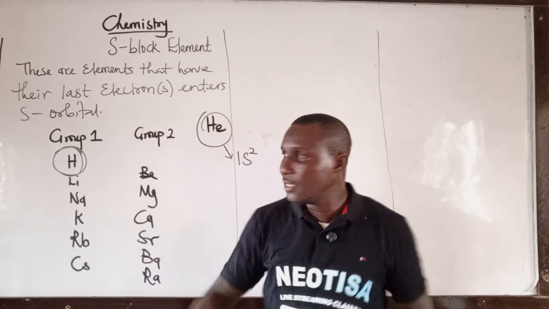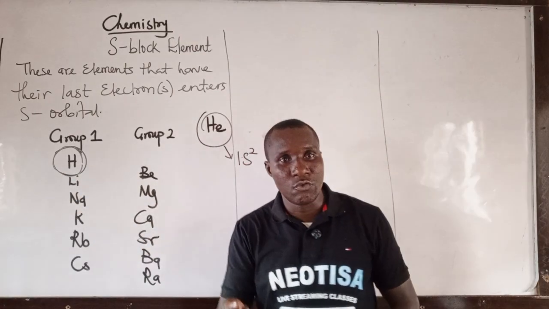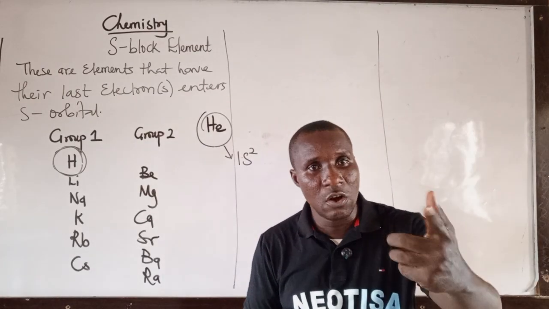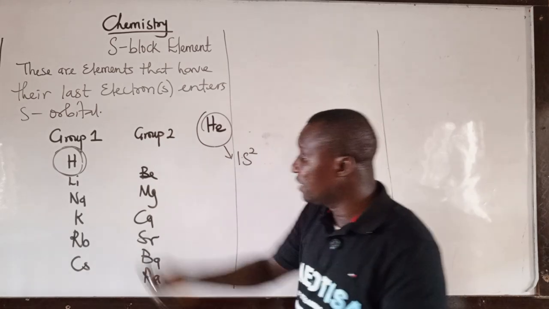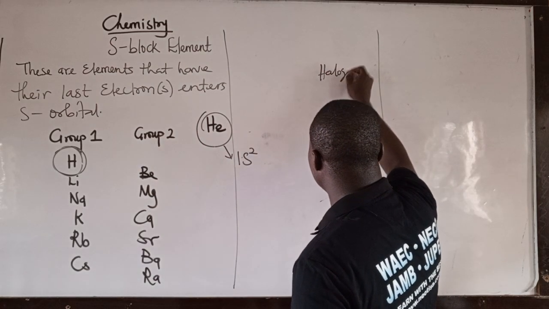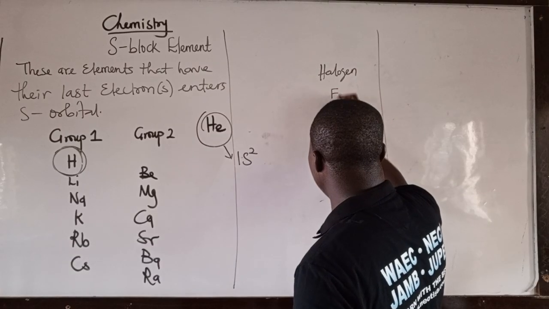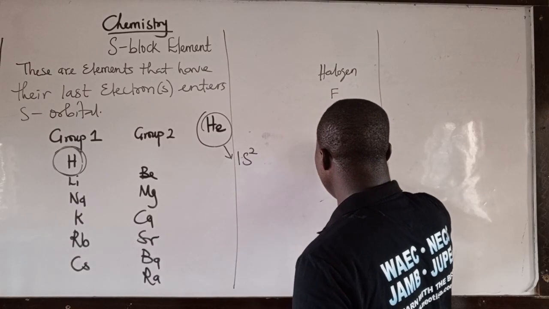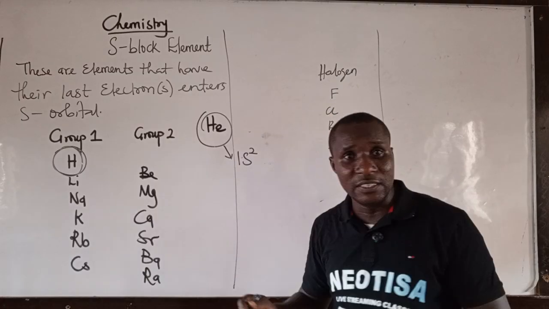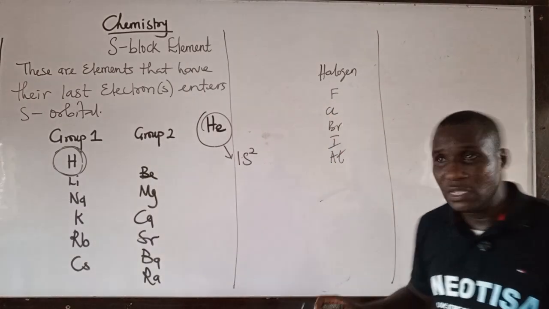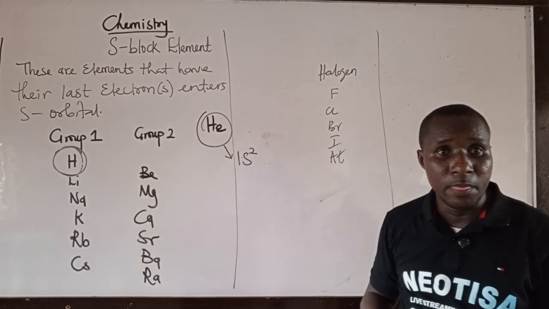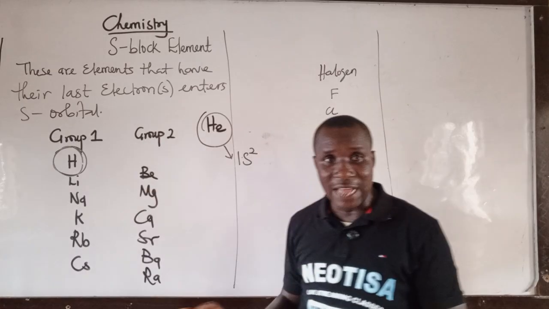That means hydrogen can behave like the halogen family, where you have fluorine, chlorine, bromine, iodine, astatine, tennessine. Take note. Hydrogen can behave like this halogen family. That's why, and don't forget, it's a gas.